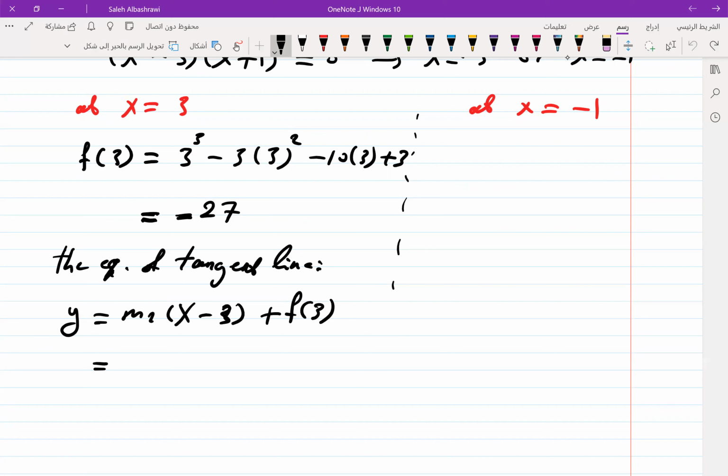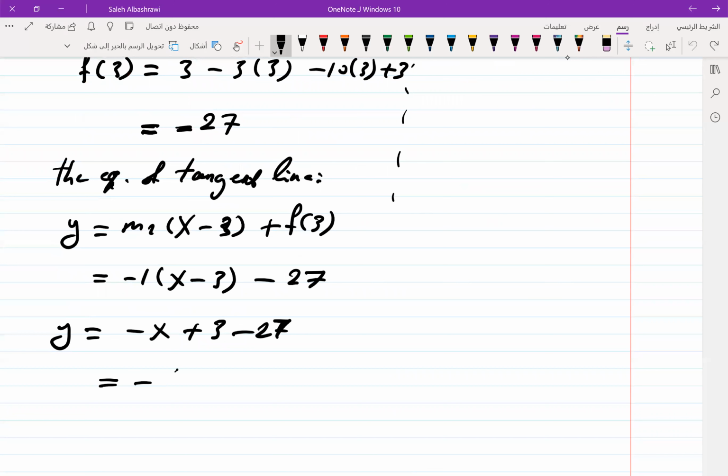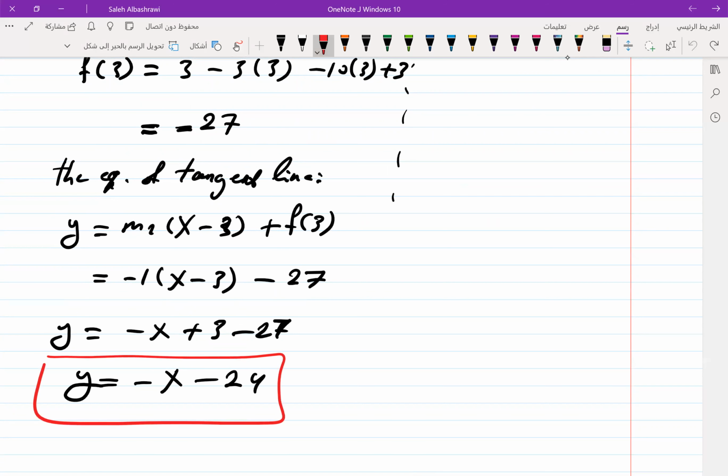That will be m2 is equal to minus 1, multiplied by (x minus 3), minus 27. So y will be minus x plus 3 minus 27, or just simply equal to minus x minus 24. So it is y equal to minus x minus 24.